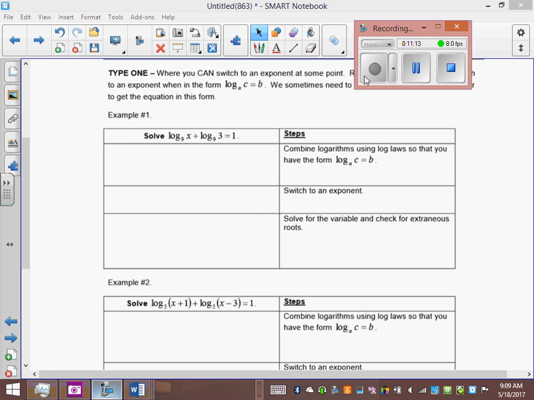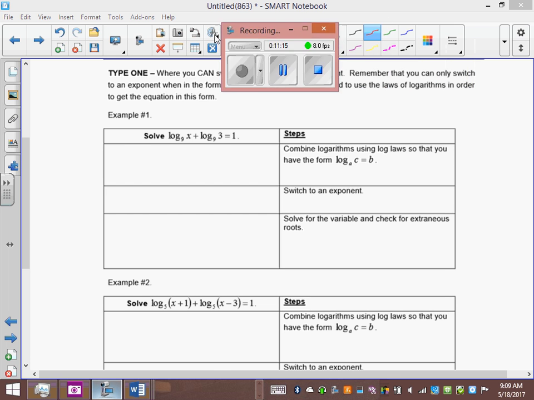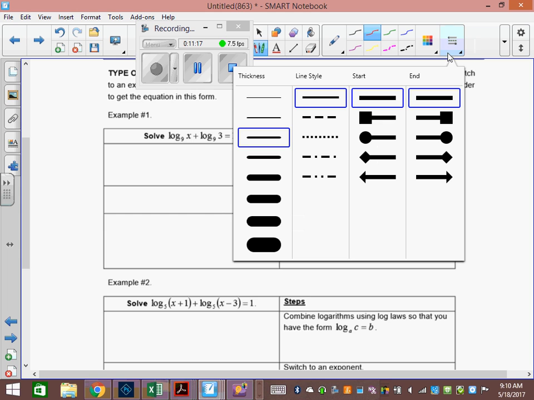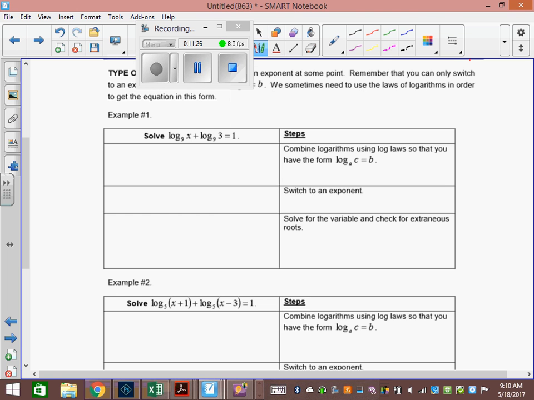So these ones here, you're going to go log base 9.